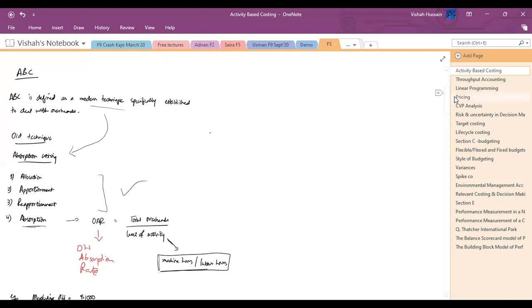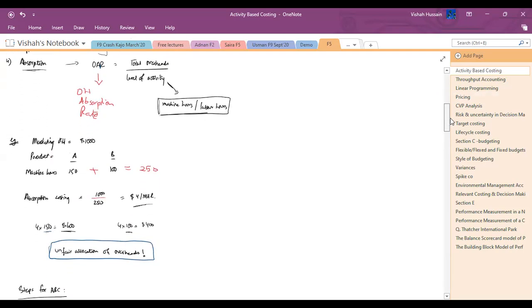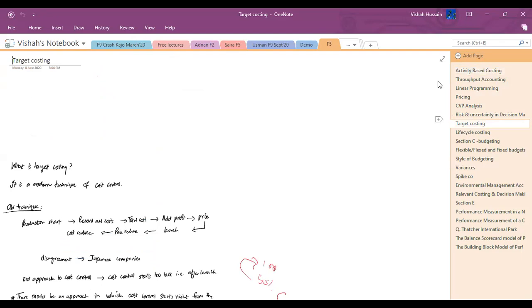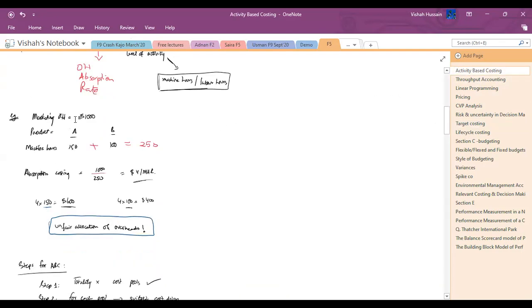Let's say I talk about a company that has marketing overheads of $1,000, and there are two products, product A and product B. Now they have given you machine hours, but you know that in your company the marketing overheads are being incurred mostly because of labor.